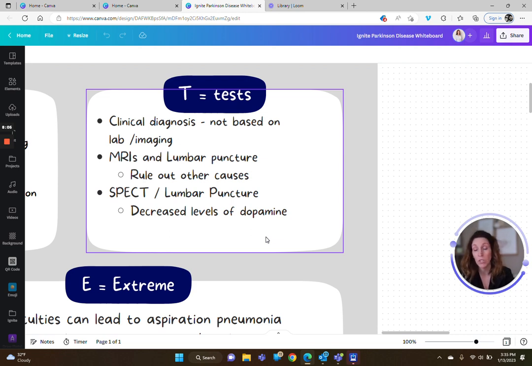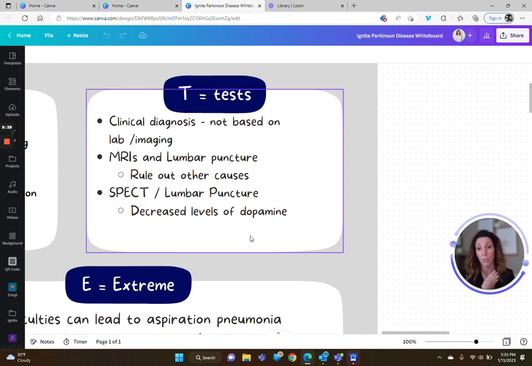Now, a lot of times a good provider is going to do some testing to rule out other causes, just to make sure it's not caused by something else. And so some of the other things they might do would be MRI, so getting a good image of the brain, to make sure there's no structural problems in the brain that's causing the symptoms the patient's having, and then a lumbar puncture, which is where they go into the spine and get some fluid out of there and test that for different medical problems.